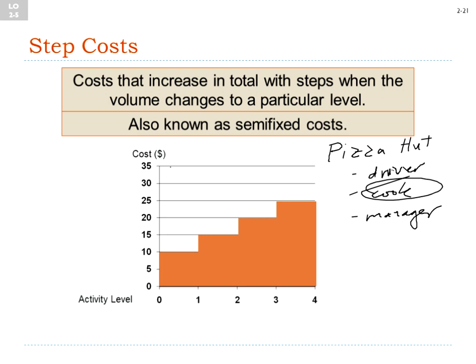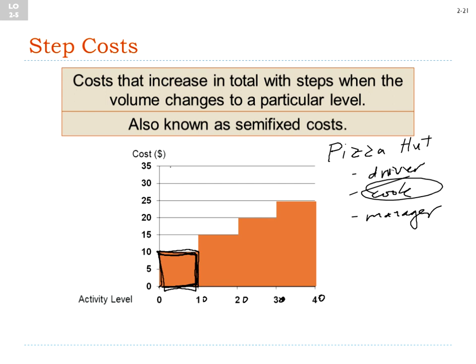The cook can cook a certain amount of pizzas in an hour, right? So if business stays within this range, you only need one cook. It doesn't matter if 0 people order that hour, or 10 people order, that's all fine.